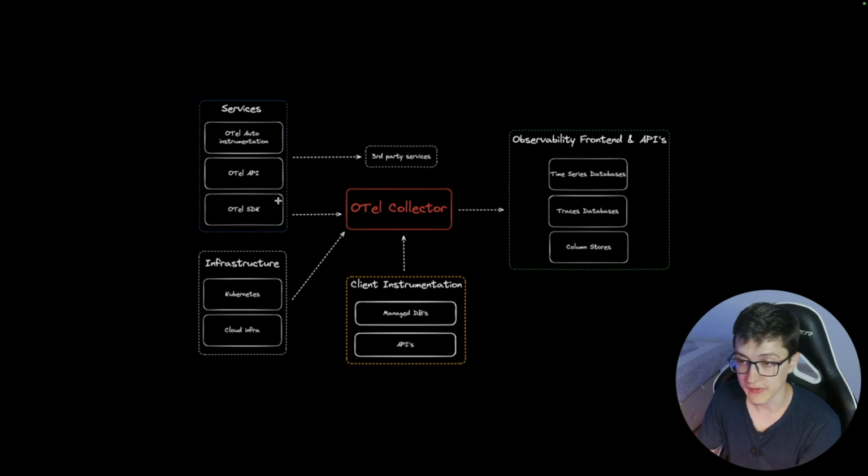So that's perfectly fine. Now, the OpenTelemetry collector is gonna take all the data and push it to an observability backend, and then you're gonna have some observability front-end APIs that are gonna make use of that data that the OpenTelemetry collector is pushing. The question here is if you want all your data to be pushed to the observability backends, or if you want to filter it out.